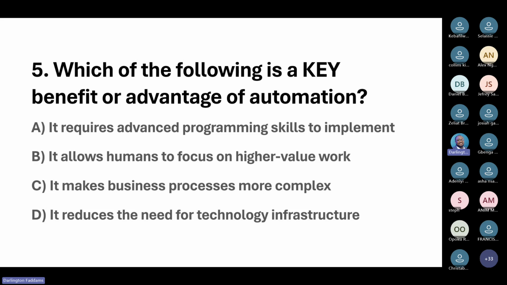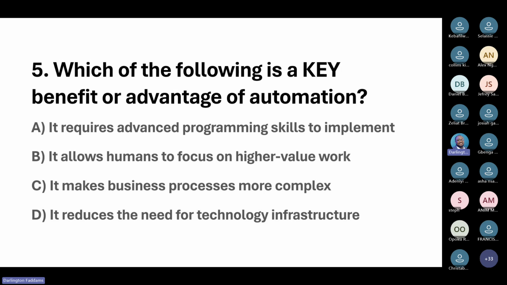And my last question here: which of the following is a key benefit or advantage of automation? So what is the answer? A says it requires advanced programming skills to implement.